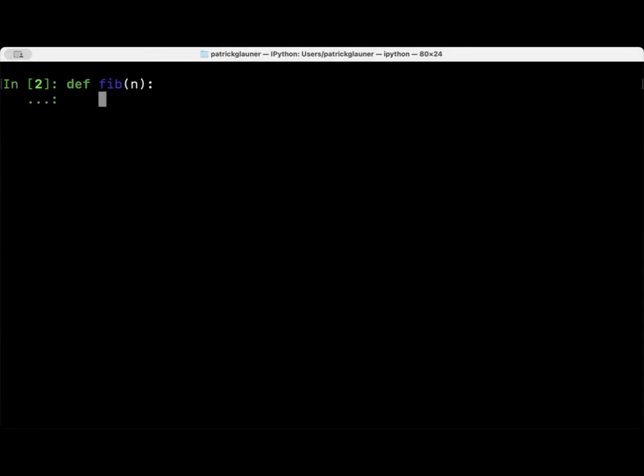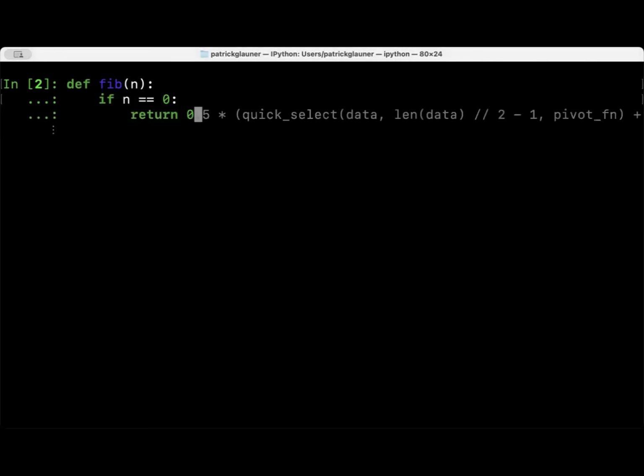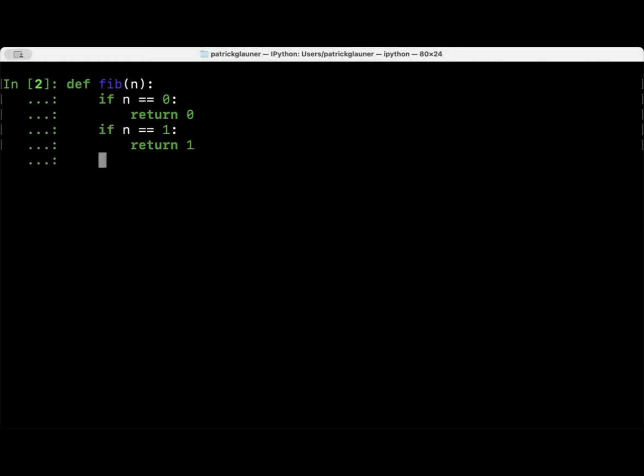I'll just quickly check in my slides how we implemented it, that we use exactly the same approach. So we said if n is 0, we return 0. If n is 1, we return 1. And otherwise, we return the Fibonacci number of n minus 1 plus n minus 2.